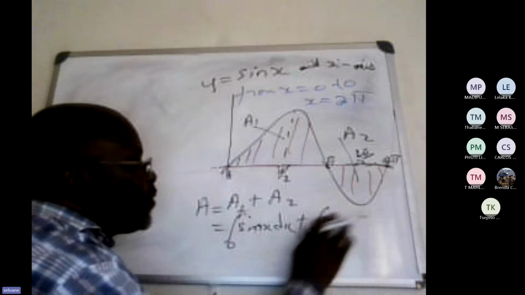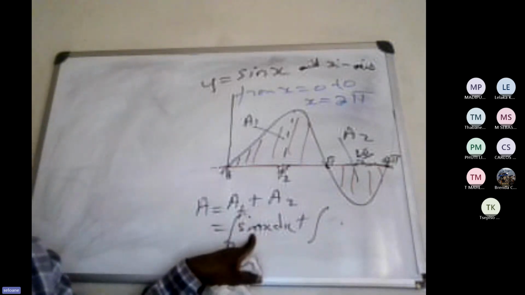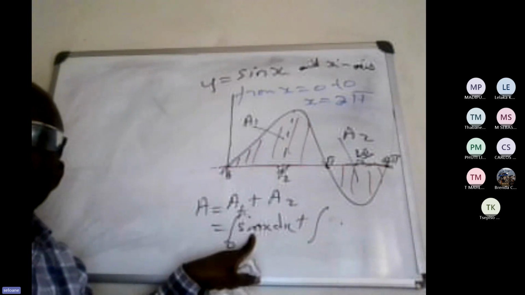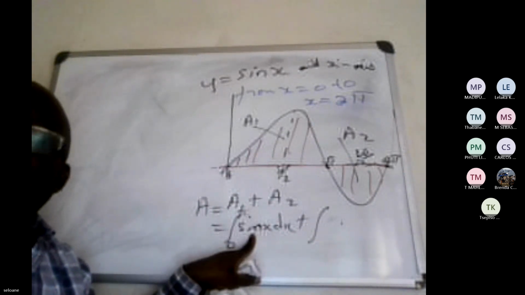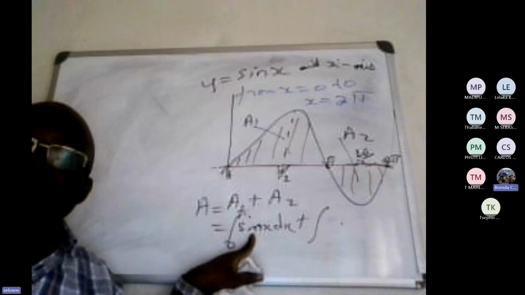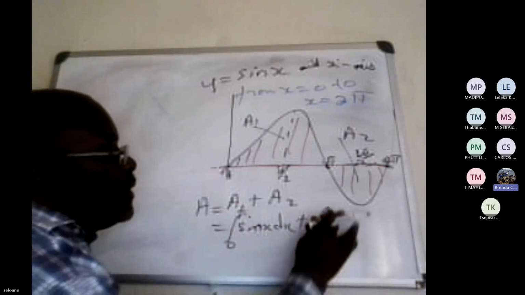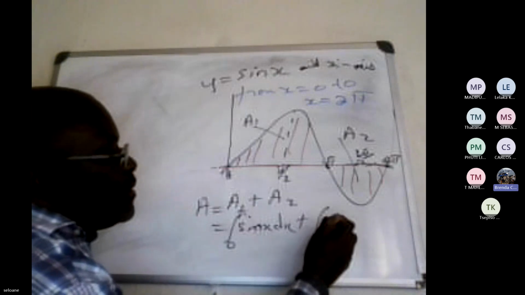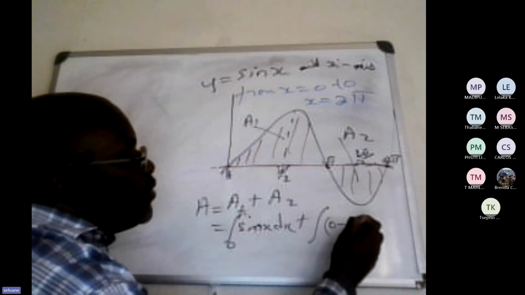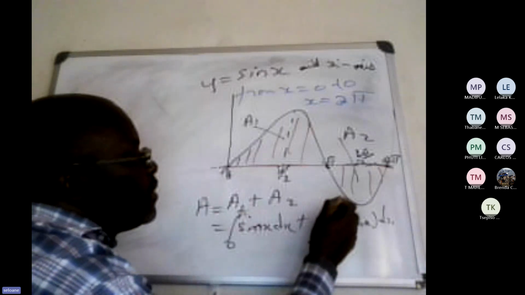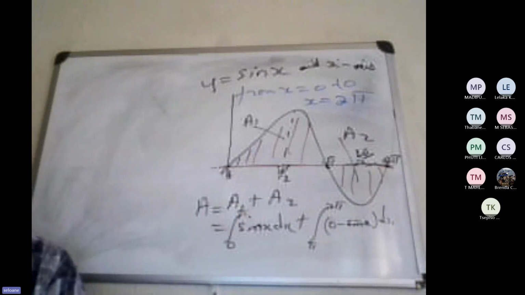Because this is just sine x minus 0, there's no problem. But now we have to introduce a negative, because that one is in the lower part. We don't do area with a negative, so now we must introduce a negative. It will be this now, from pi up to 2 pi.